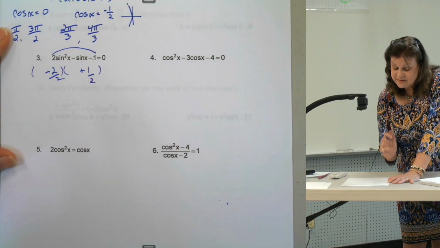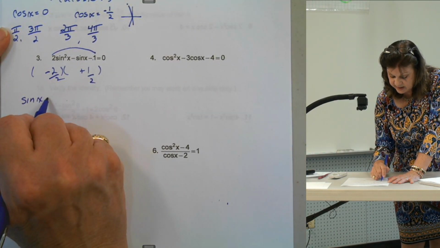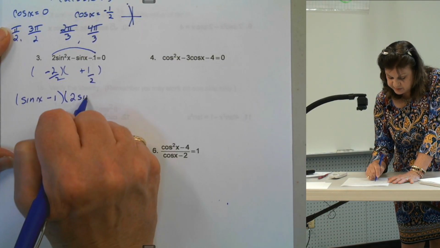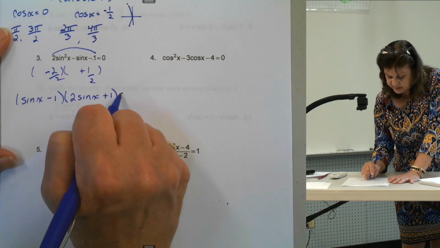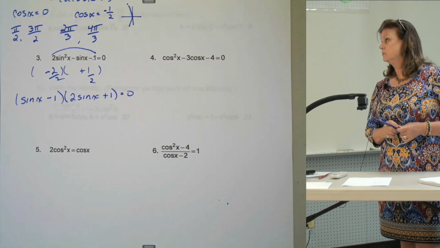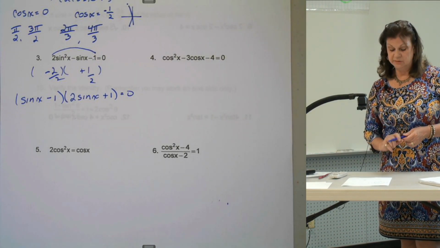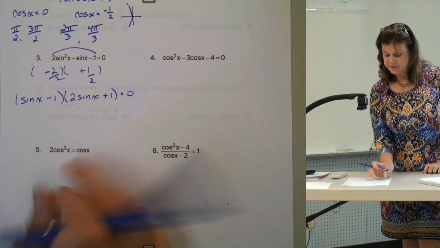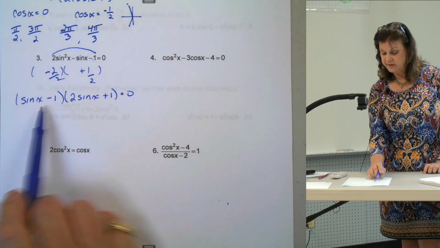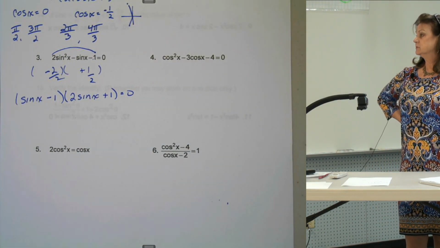And again, instead of x, I'm looking for where sine x minus 1 and 2 sine x plus 1 equals 0. So I've got 2 sine squared plus sine minus 2 gives me negative 1, negative minus 1 is 0. Okay, so here we go.